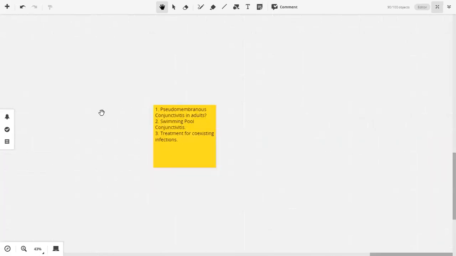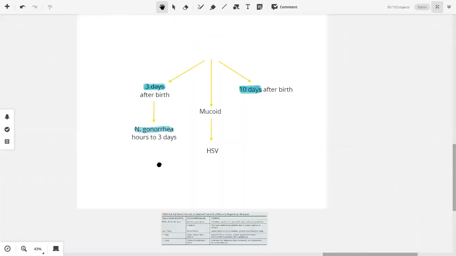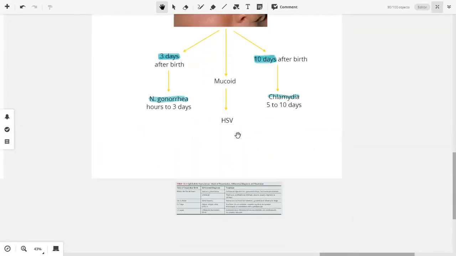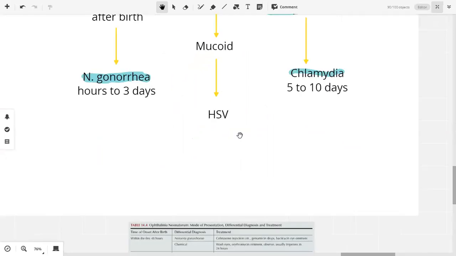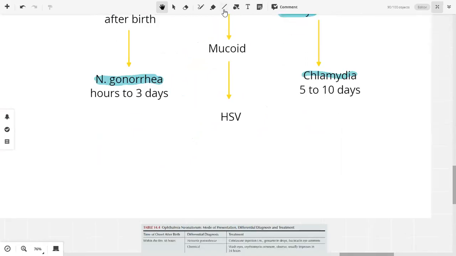एक और buzzword भी है, but before that, we move on to the last case, इसकी treatment. Now, how will you treat this child? So Neisseria gonorrhea, what will be the treatment of this child? Neisseria gonorrhea में हम क्या ड्रग देते हैं ट्रीट करने के लिए?